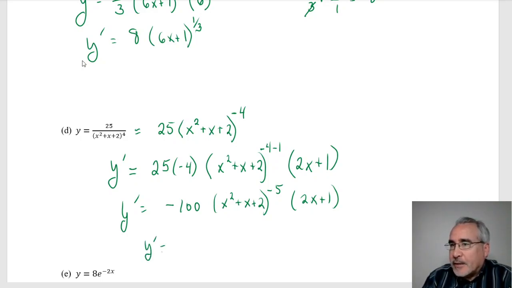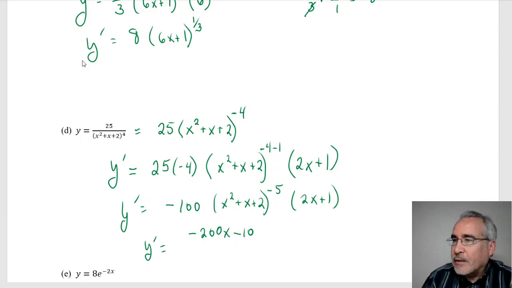It's a valid function as it is. So we've got 100 times 2x plus 1. While you're at it, if you want, you could distribute it. Again, not absolutely necessary, but 200x minus 100, so taking the negative 100 times that, all over x squared plus x plus 2 to the 5th power.